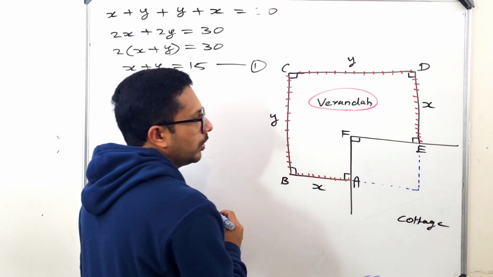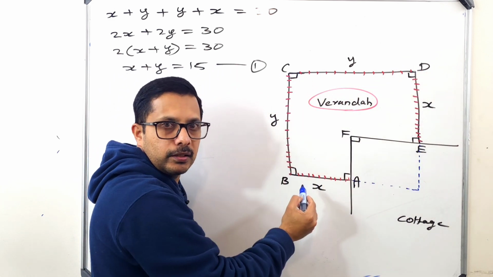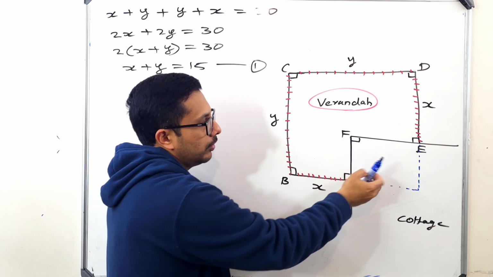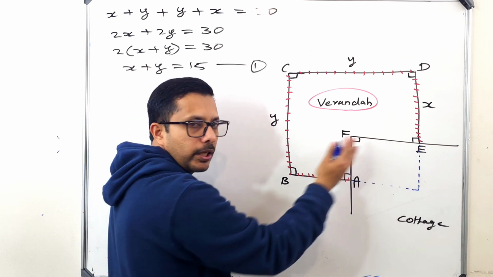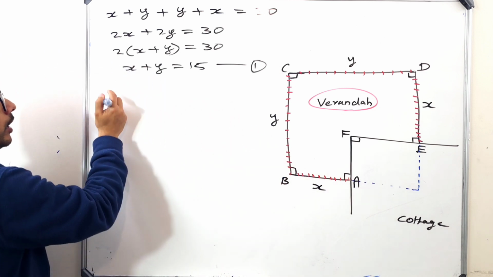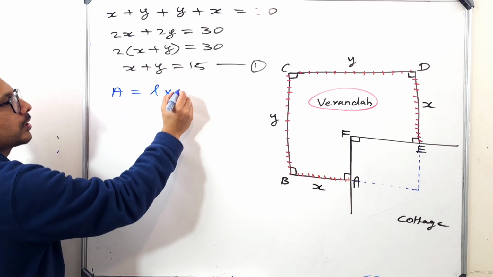is this not a rectangle? But what is our veranda? Not this part. So we have to find the area. The area of a rectangle is length times breadth.